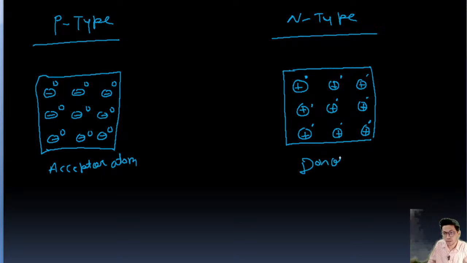This is P type, so here these are holes. They accept the electron, and in N type they are donor atoms, so they donate the electron. This is the P type and N type semiconductor.